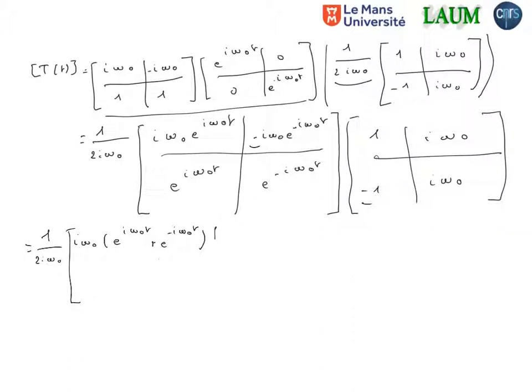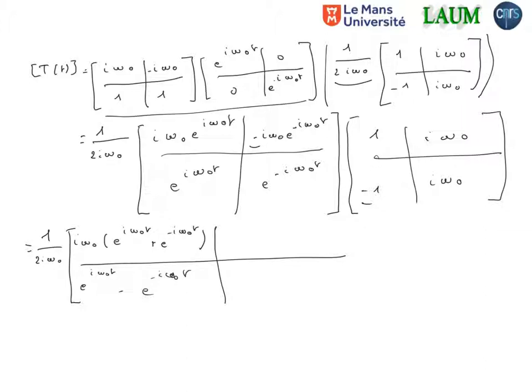And then here we find a formula which is very close. So for the coefficient at the second line and first column, this is e to the i omega 0 t minus e to the minus i omega 0 t.